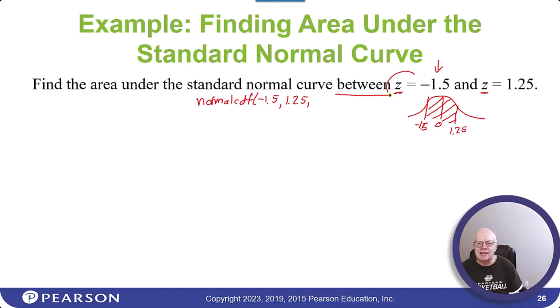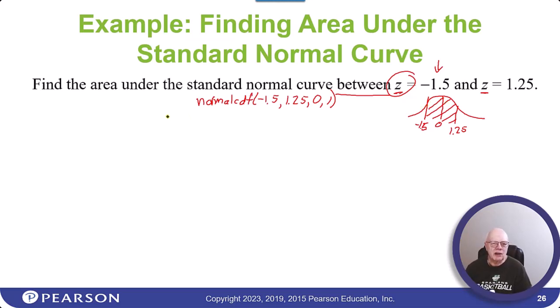We're talking about z's, so we're still putting a 0 and a 1 in here. And we don't know exactly how big or how small that is, but we might think it's in the wild vicinity of 0.5. We'll find out.